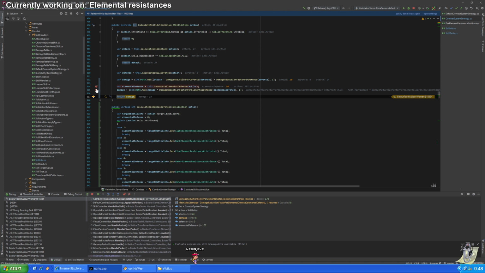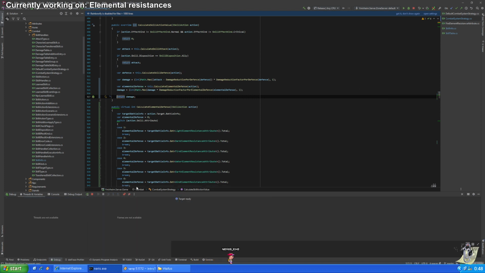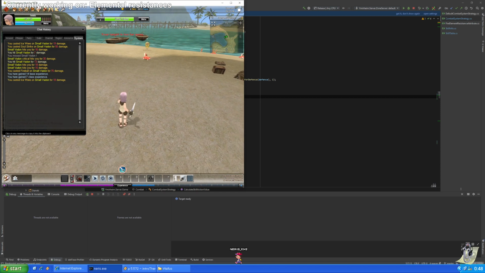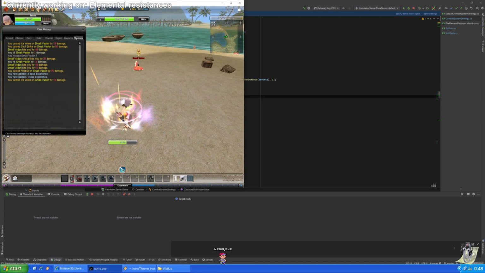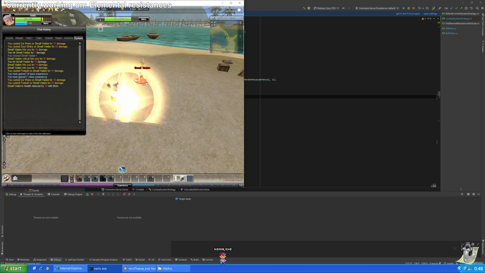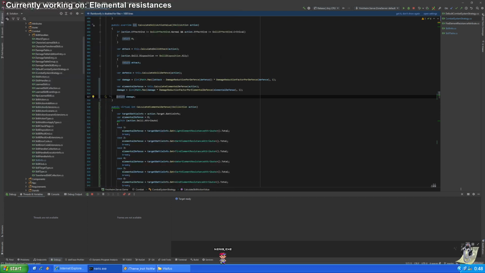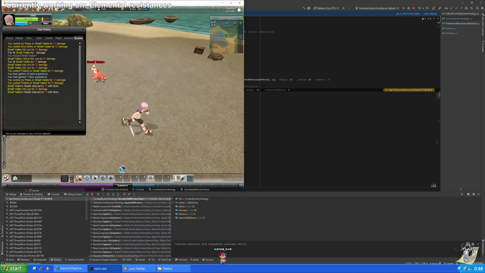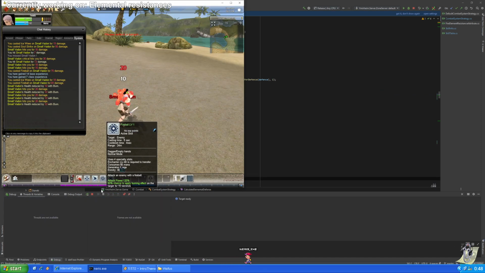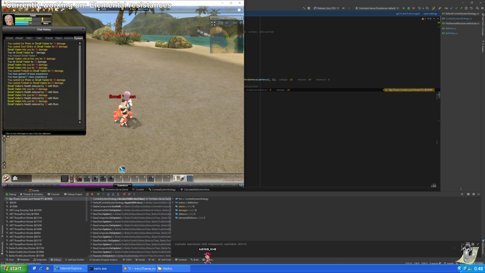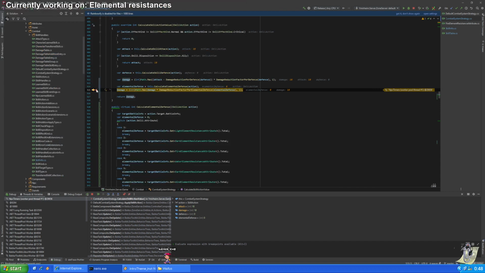Okay, so this seems fine. Then if I attack him with Fireball, oh god, why did they remove the breakpoint? Okay.